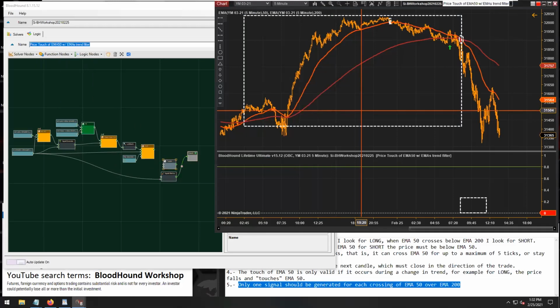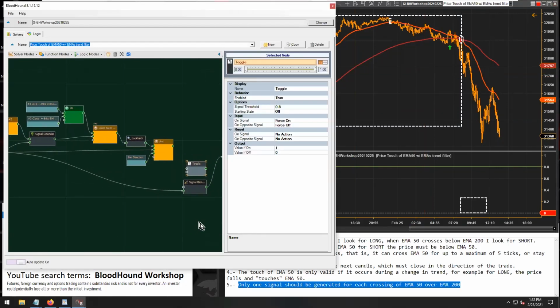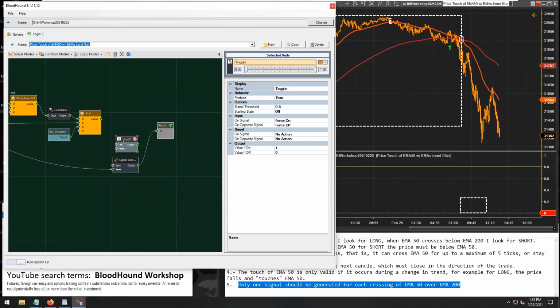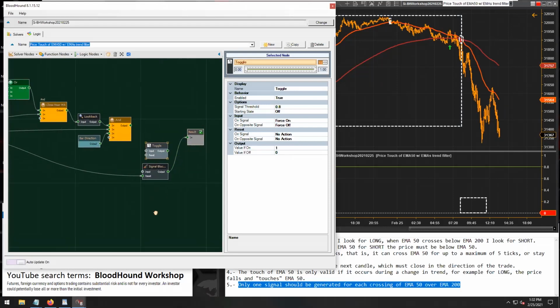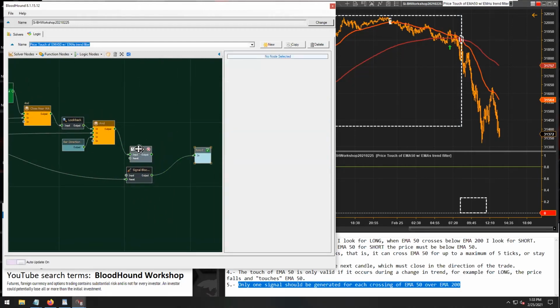Right? Now that only works when we want to see the first signal during a trend. Right? So it is very limited. The toggle node cannot replace the signal blocker. The signal blocker can do a lot more than what you can do with the toggle node. But in this particular situation, it will work out.